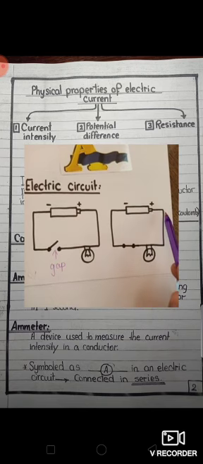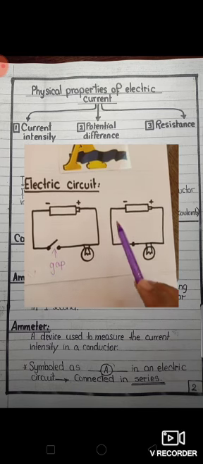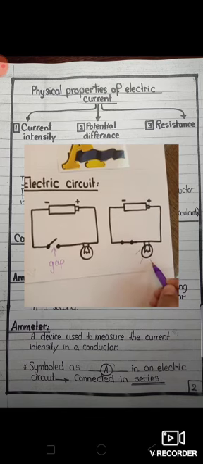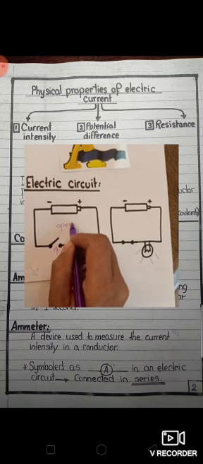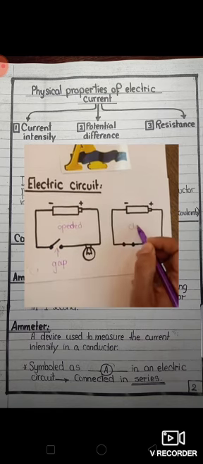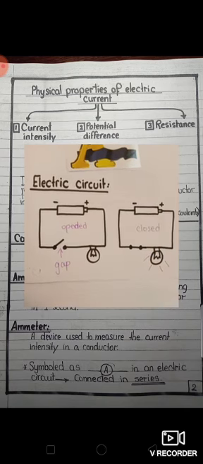When the current passes through the wires, it can go back to the battery. So this is called a closed electric circuit, and now the lamp will light up. This is the opened circuit, and this is the closed one. This is very important to know first.